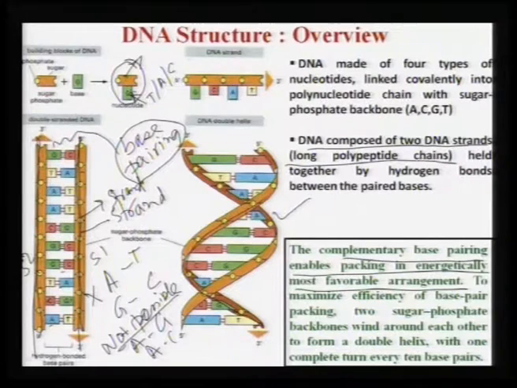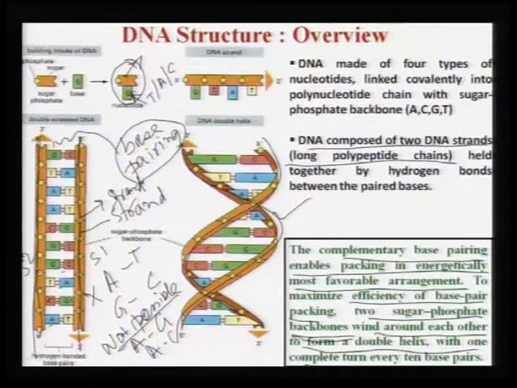They just wind around each other, and what you see here is that to maximize the efficiency of base pair packing, the 2 sugar phosphate backbones, meaning 2 strands, wind around each other to form a double helix with one complete turn every 10 base pairs.